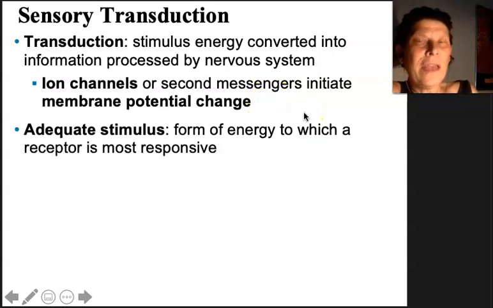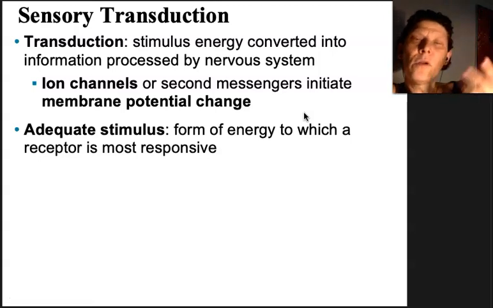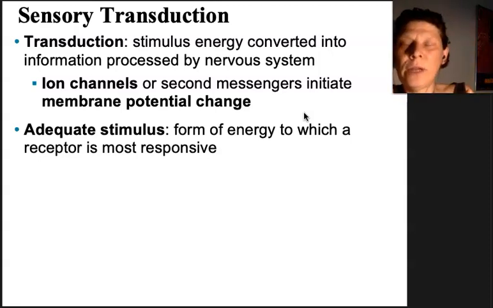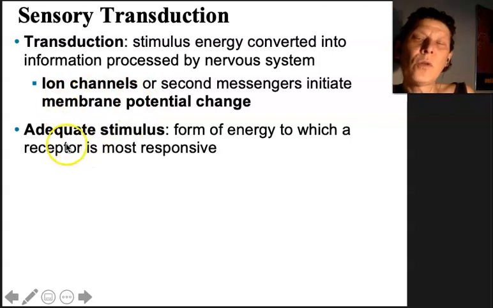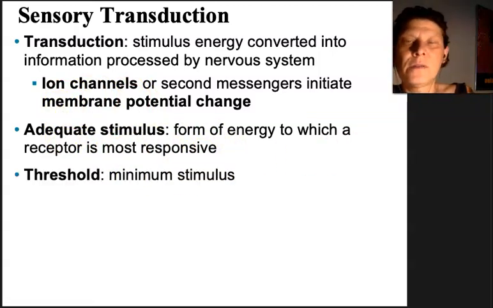If the stimulus is adequate enough, that form of energy is transduced into the receptor energy, and that can be a graded potential, or it can lead to an action potential. The adequate stimulus will then, of course, mount a response of the afferent system.